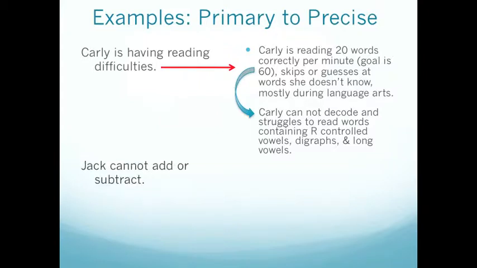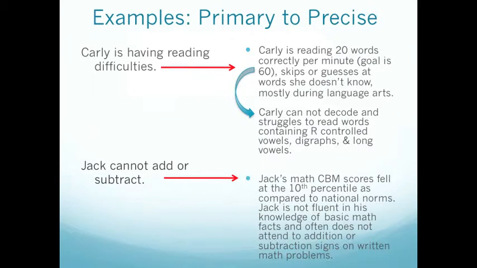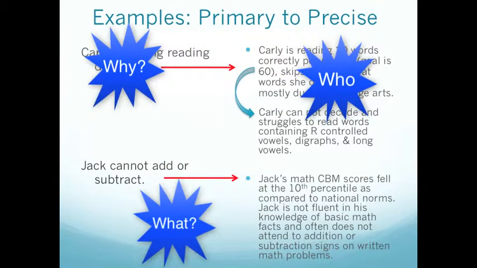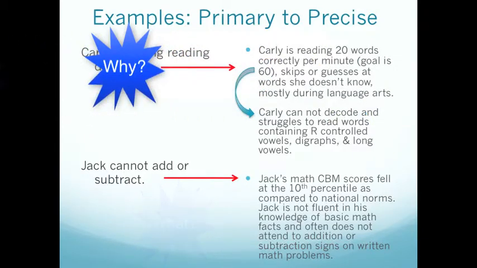Here's another primary statement. Jack cannot add or subtract. This statement in its present form does not lead us towards specific solutions to put in place. However, when we get more specific with our precision elements, we now start seeing different pathways for possible solutions.